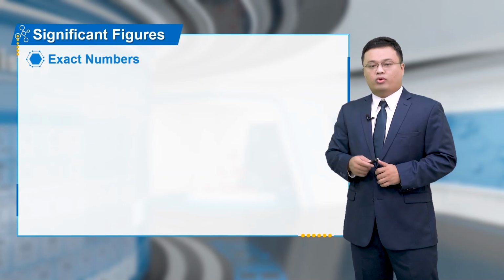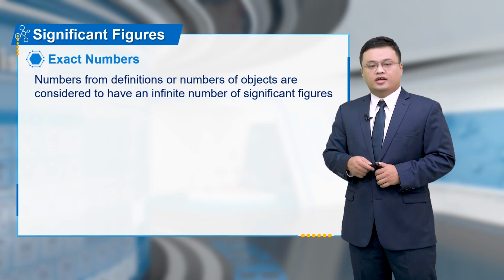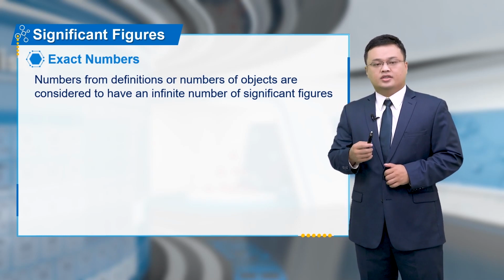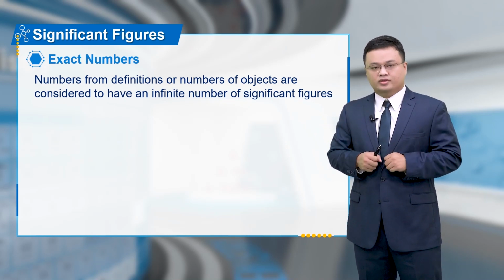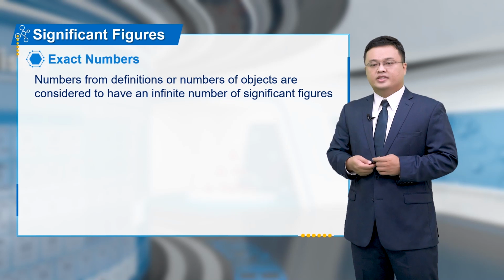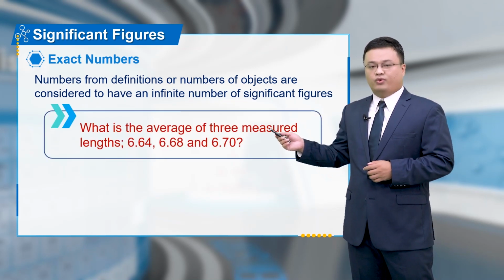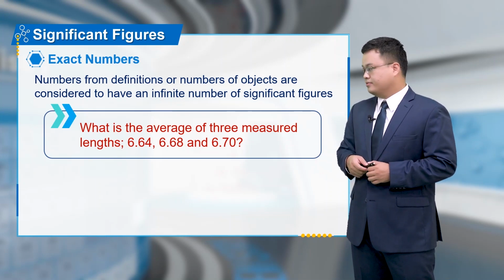There's only one more point you have to pay attention to: the exact numbers. Numbers from definitions or numbers of objects are considered to have an infinite number of significant figures. For example, what is the average of three measured lengths: 6.64, 6.68, and 6.70?